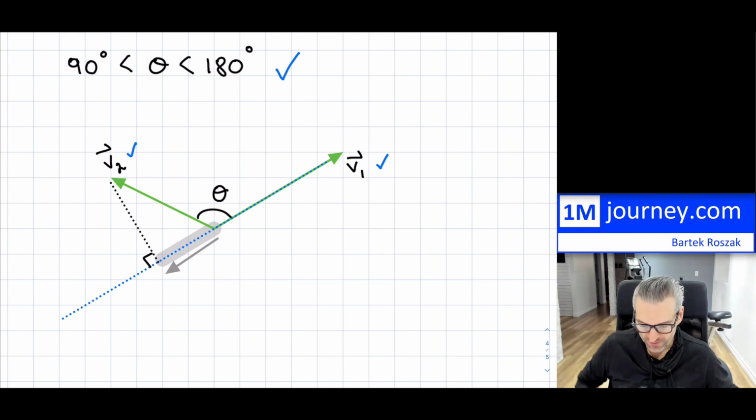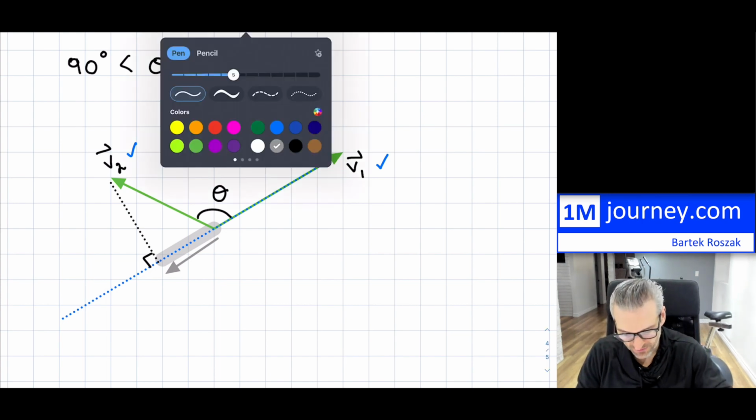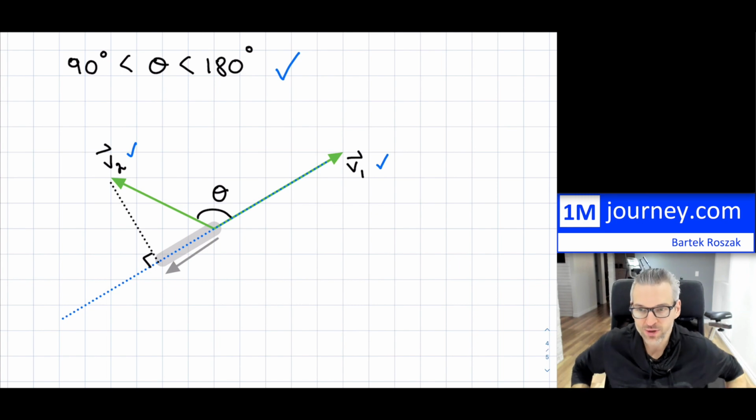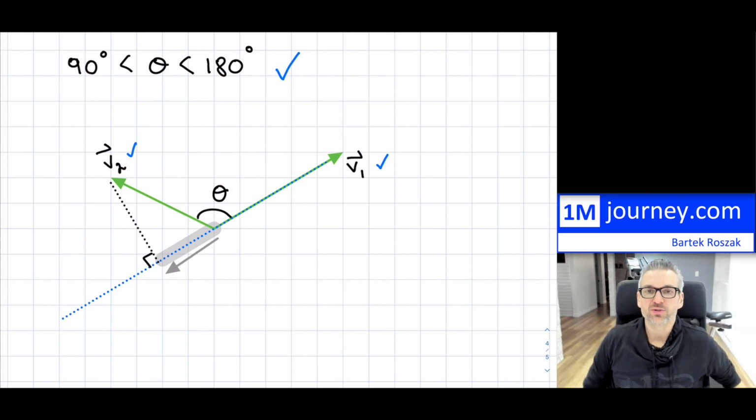Now, if we're defining the projection in this way, let's see what this would be. We know from the case between 0 and 90 degrees that our magnitude was simply the magnitude of V2 multiplied by the cos of that angle.